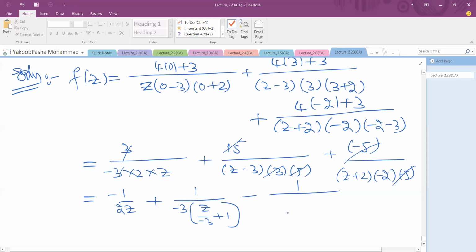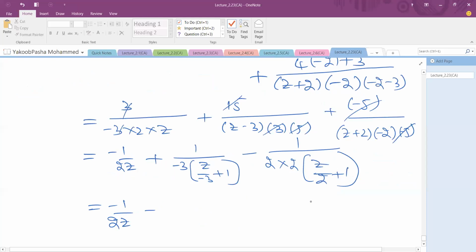So this is equal to minus 1 by 2z minus 1 by 3, 1 minus z by 3 whole to the power of minus 1, minus 1 by 4, 1 plus z by 2 whole to the power of minus 1.